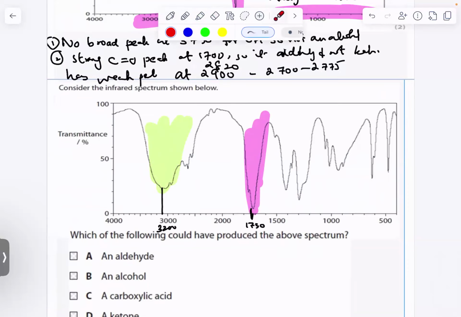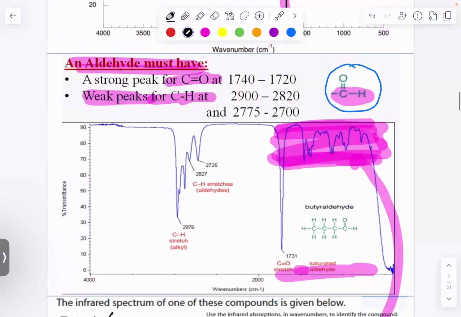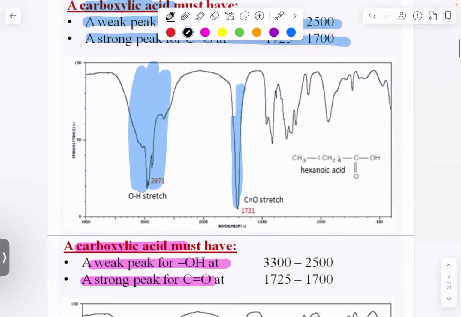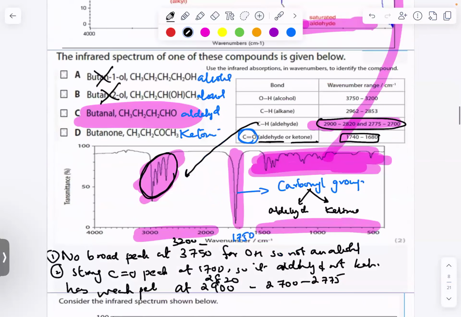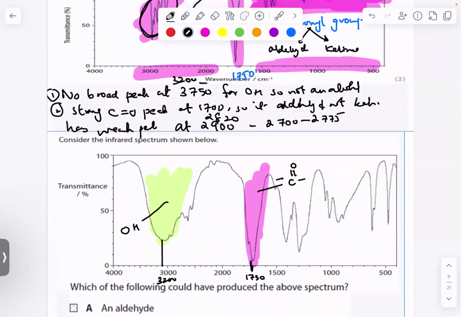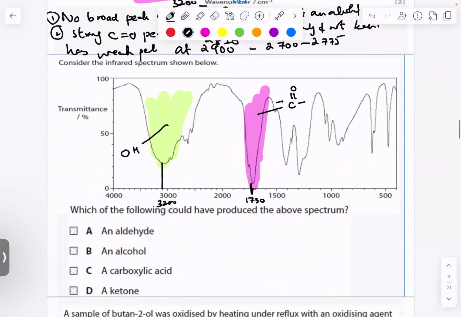But I don't know what those numbers represent. This is for carbonyl and this is for OH. But wouldn't I get the numbers in the exam? Yes, you are going to get these numbers with each and every question like this. But I don't have it here right now, it was on the laptop. What I'm trying to tell you is, even if you don't have the numbers, you should memorize that 1750 is a characteristic peak for carbonyl, and a 3200 broad peak is characteristic of alcohol.